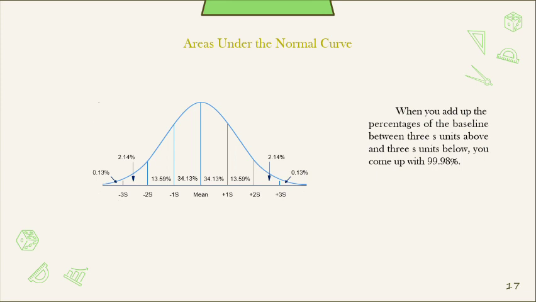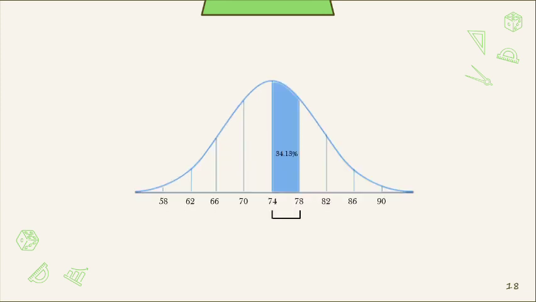Ang 3s units above, yan yung positive 1s, positive 2s, and positive 3s. And yung 3 units below naman is yung negative 1s, negative 2s, and negative 3s. And kung i-add mo yan silang lahat, kunin mo yung area nila is 99.98%.